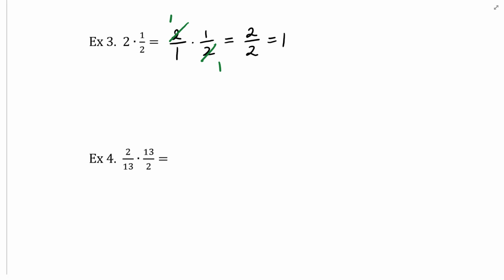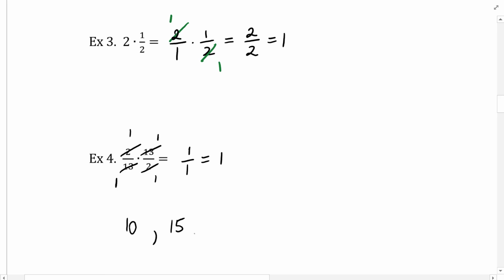So now when we multiply across, we get 1 over 1, which is 1. And then let's take a look at the next problem. 2 over 13 times 13 over 2. Well, 13 divided by 13 is 1. And then 2 divided by 2 is 1. So we get 1 over 1, which actually means 1. So when you see a number like 10 or 15 or -7, they actually mean that number over 1.